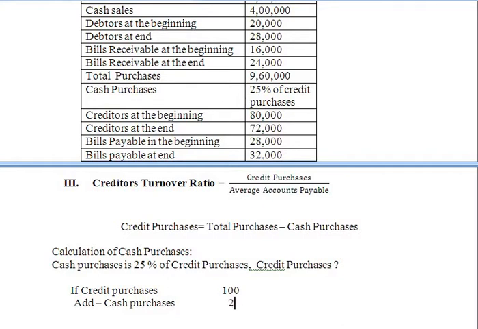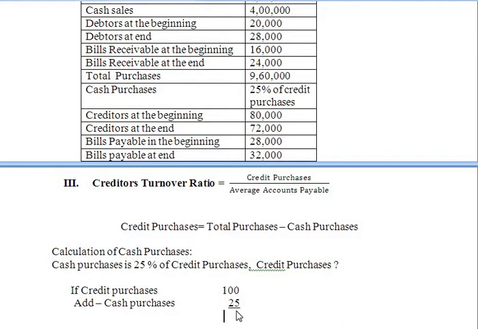Understood? Now next line, write 100 plus 25. How much? 125. Now what is this 125?